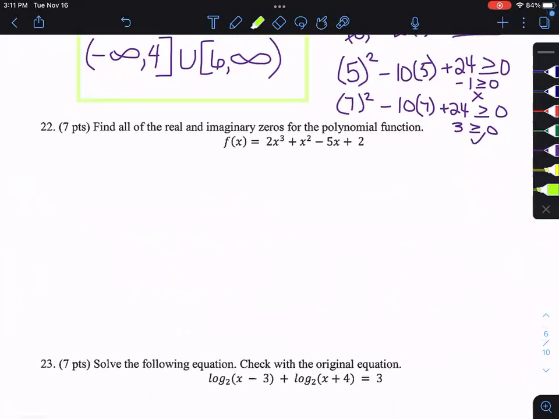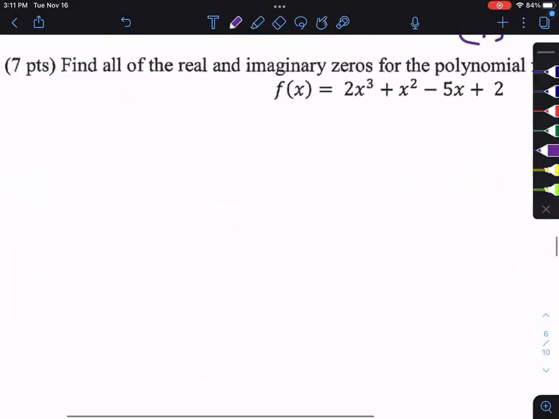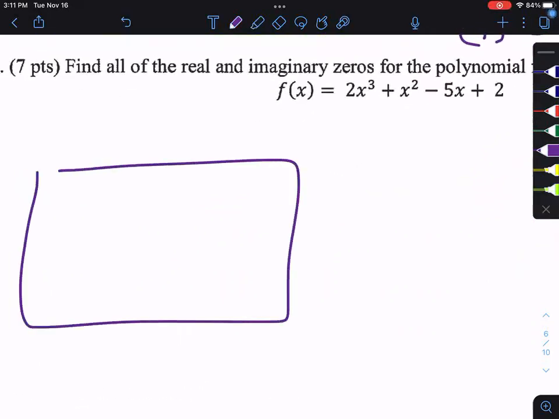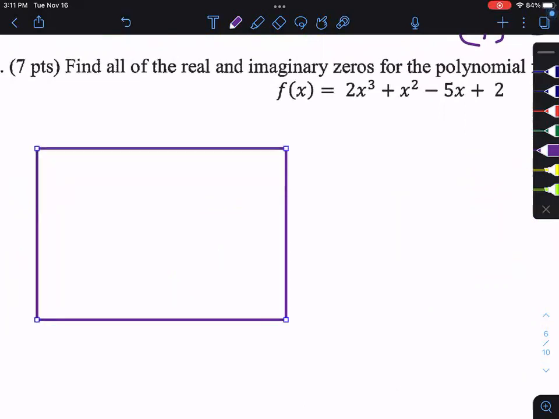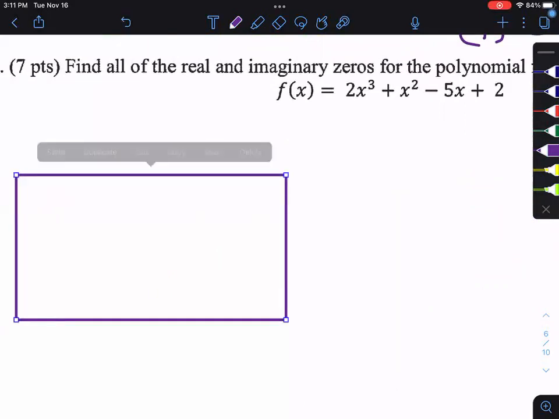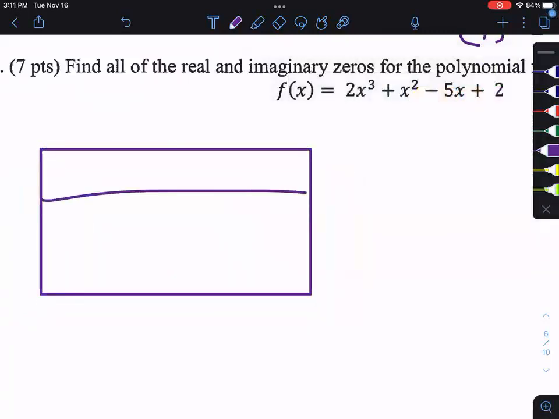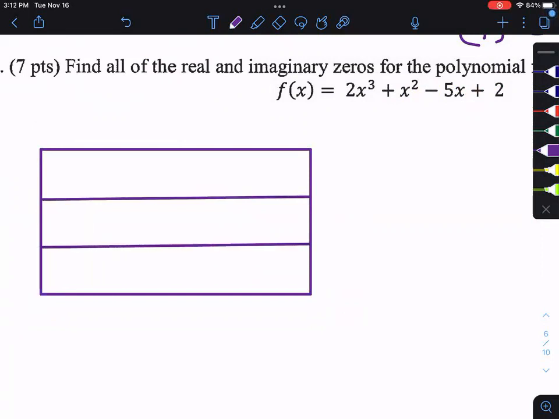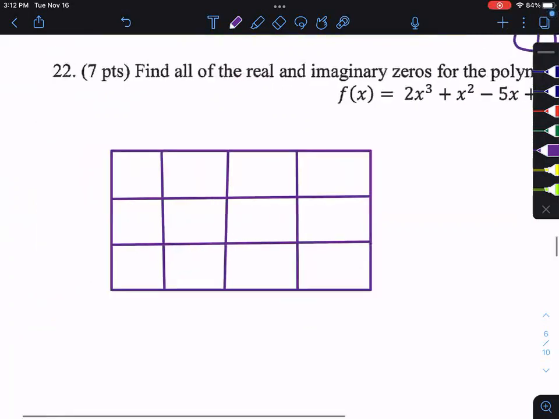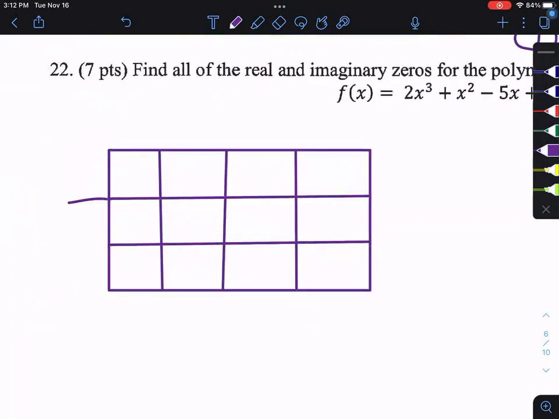Question 22, find all the real and imaginary zeros for this polynomial function. We're going to start off by using synthetic division. So my highest degree here is x to the third, which means I'm going to have 4 boxes across the top.